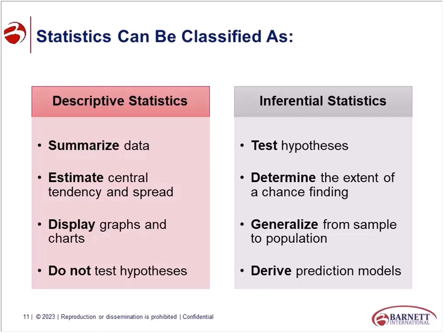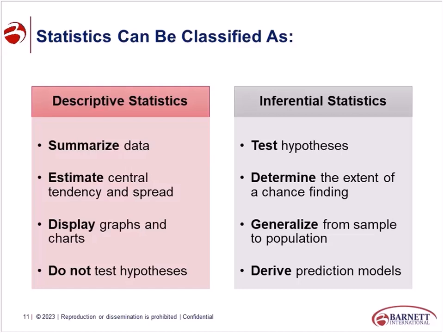Inferential statistics is about testing hypotheses, making decisions. From descriptive statistics, you can't make any decisions. If you want to make decisions, you have to use inferential statistics. That's where you test hypotheses, you rule out chance, and that's a p-value, ruling out chance. You can also generalize from a sample to a population. That's why I made the clear distinction on the previous slide between a sample and a population. You draw a sample from the population, which is essentially your volunteers, and then you conduct your clinical trial, analyze your data, do some inferential statistics, and from those, you then generalize back to the population.